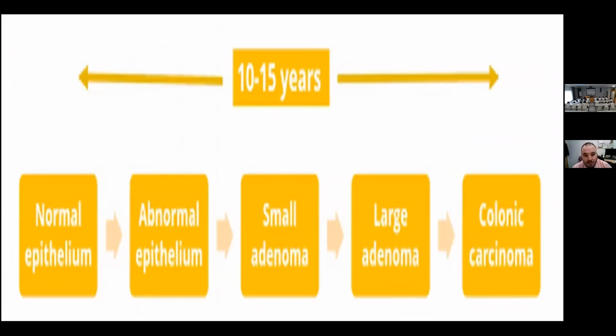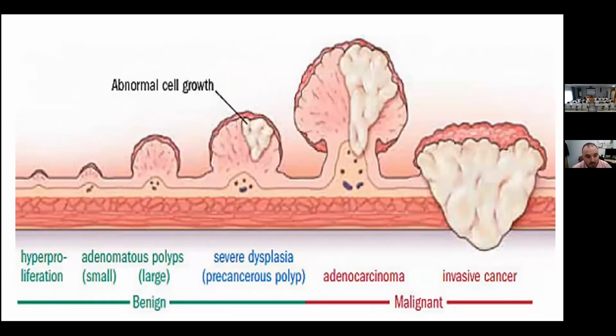But usually that carcinogenesis takes quite a lot of time, starting from a very small, what is called a hyperplastic or normal polyp, to a precancerous polyp. It usually takes between 10 to 15 years. As you can see here, we're starting with a hyperproliferation of this polyp, as I'm pointing at, the hyperplastic polyp, going through the adenomatous polyp, and then we start to have dysplasia.